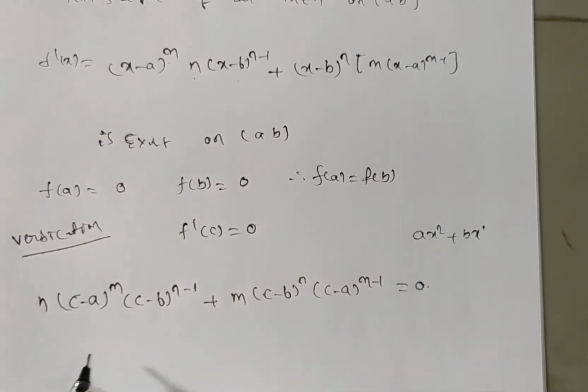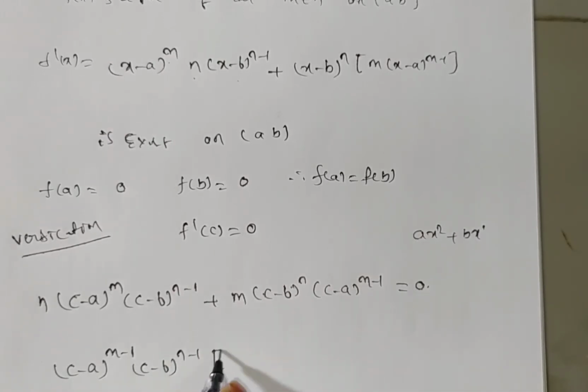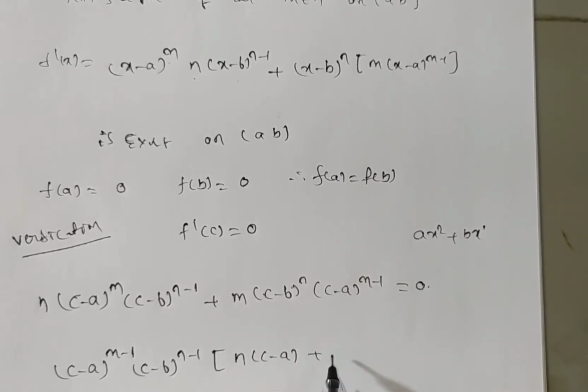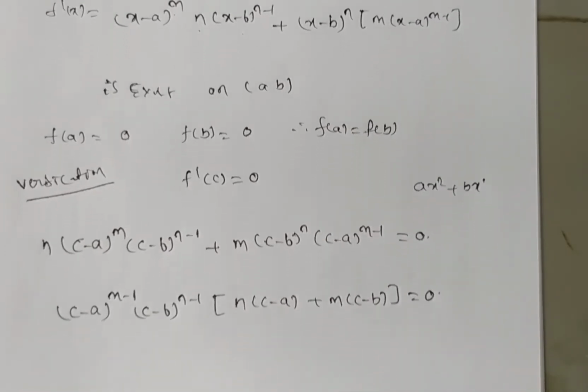Here also I can take (c minus a) power m minus 1 as common. Next, (c minus b) power n minus 1 is common. Then the remaining term is n into (c minus a) plus m into (c minus b). That's it, equal to 0.